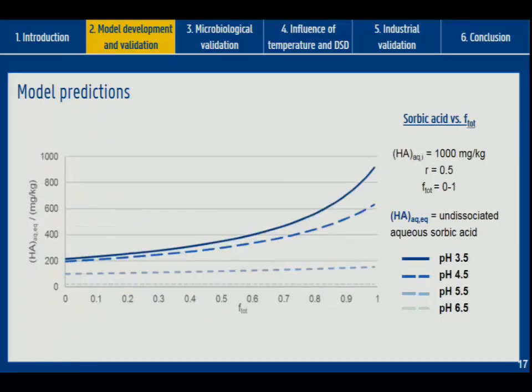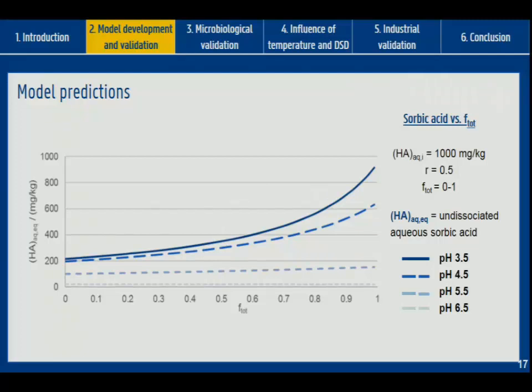And what about sorbic acid distribution dependency on solid fat content? On the x-axis, we see solid fat content, or F tot, ranging from 0 to 1. 0 meaning no solid fat, and 1 meaning that everything in the lipid phase is solid fat. And on the y-axis is the inhibitory form, so the undissociated aqueous sorbic acid.